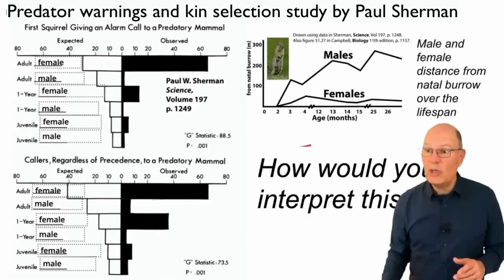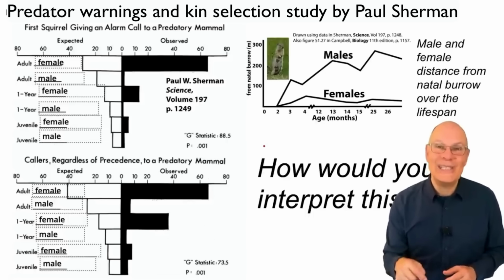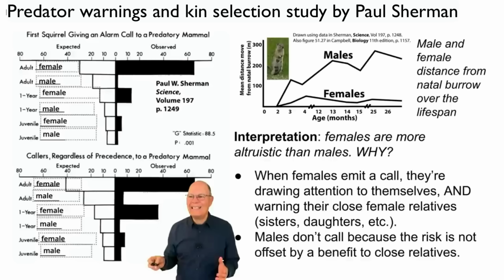So my challenge to you is, how would you interpret this? Think about it, and then you can see my answer. Sherman's interpretation is that females are more altruistic than males. But why would that be? Remember that a warning call attracts attention.